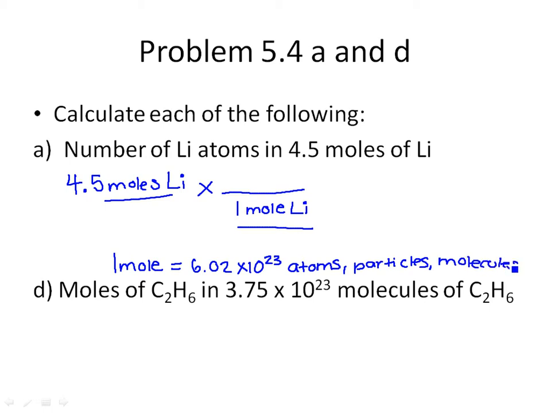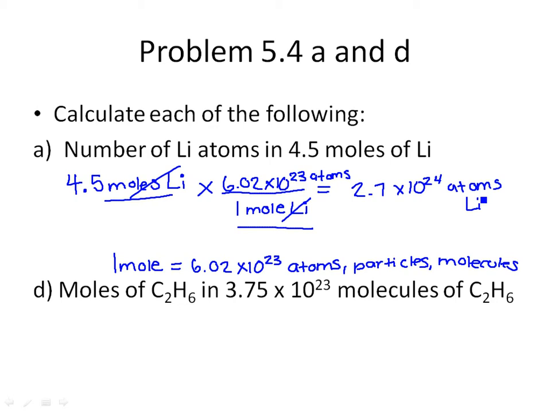So all we do here is stick 6.02 times 10 to the 23rd in the numerator. Our units cancel, and we're left with 2.7 times 10 to the 24th atoms of lithium.